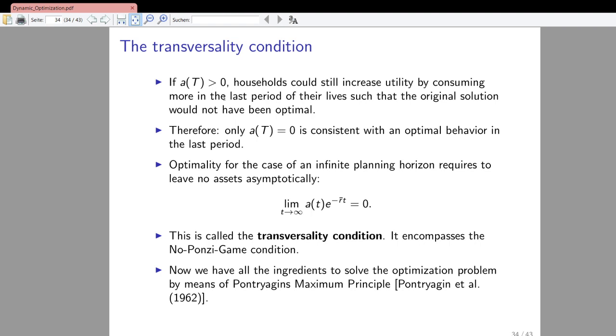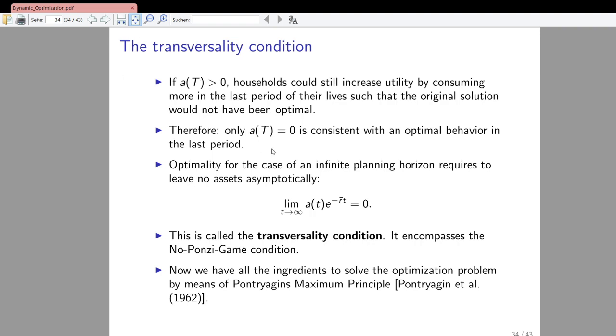However, we all know from considerations of optimality that if the planning horizon ends at some point and we have positive assets, then this is not optimal, because everything ends, assets are scrapped in the end, and we could have increased utility over the lifetime horizon by having fewer assets at the end of the planning horizon and therefore allowing for higher consumption during the lifespan, basically.